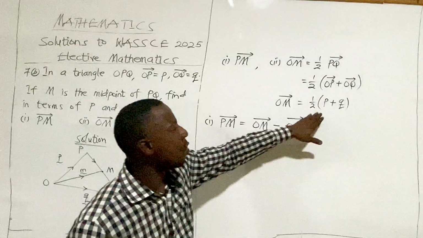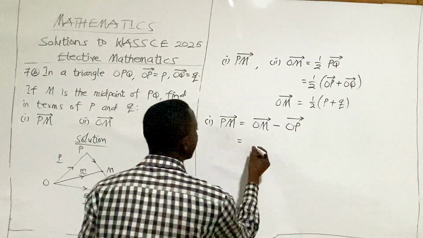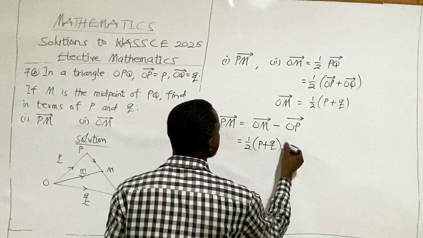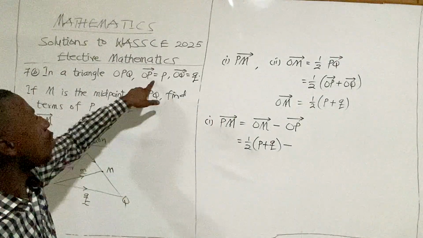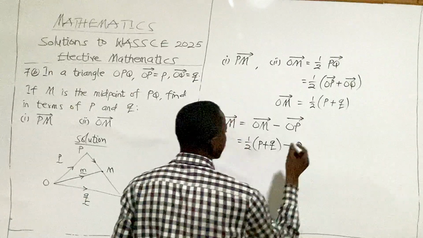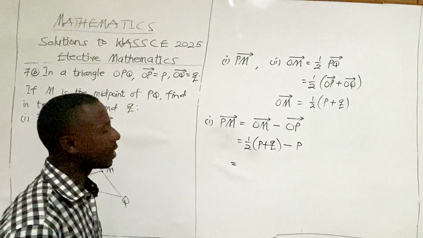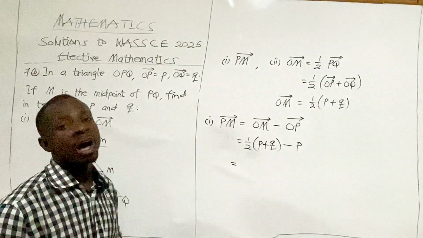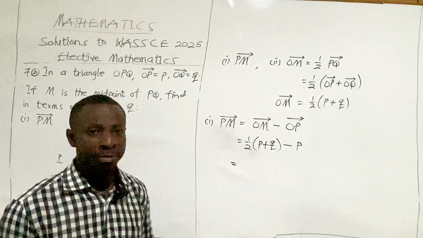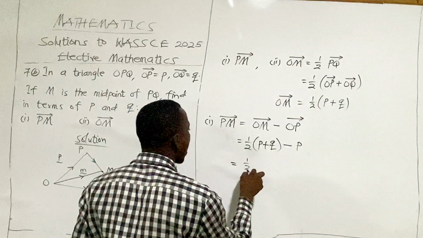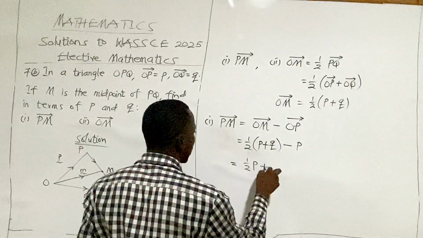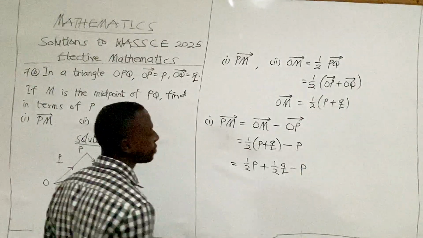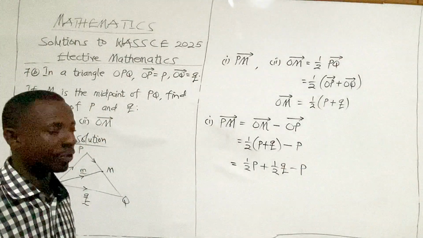OM we have here, which is half of p plus q, minus OP, which is p. Now we are going to expand by multiplying the half by what we have in the bracket. So we have half p plus half q minus p.